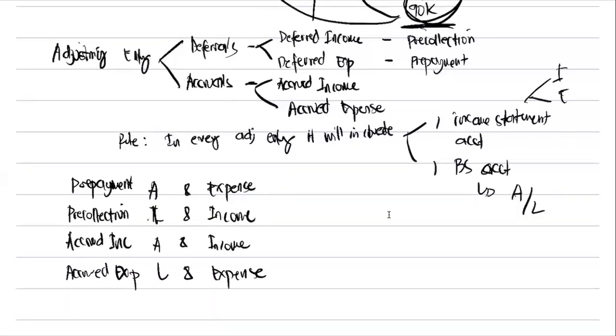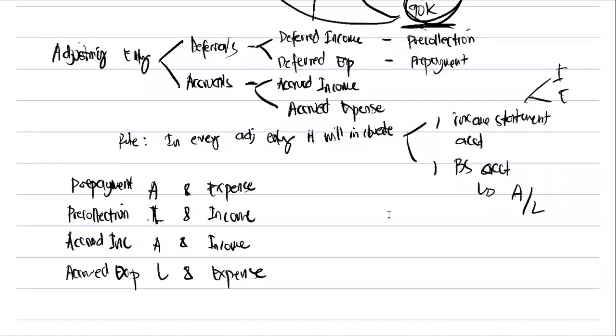Okay, so again, in an adjusting entry, we ensure that your revenue and expense are properly recorded at the appropriate time period. And we try to split the mixed accounts. In splitting your mixed accounts, we have different accounts used that can either be income or expense and asset or liability.